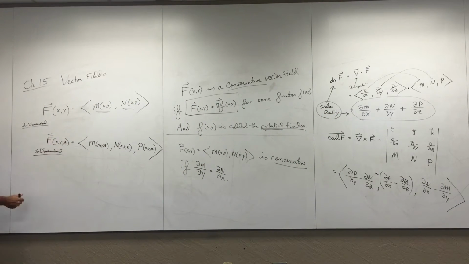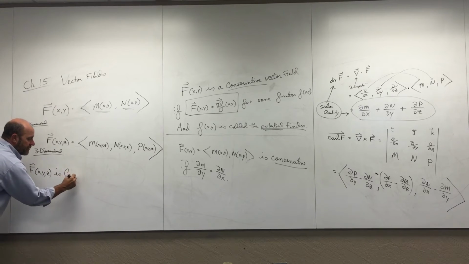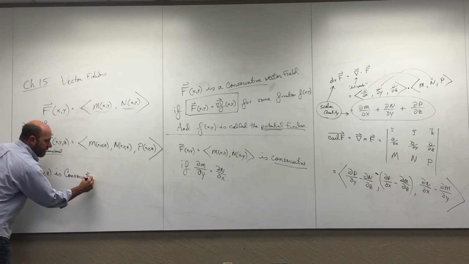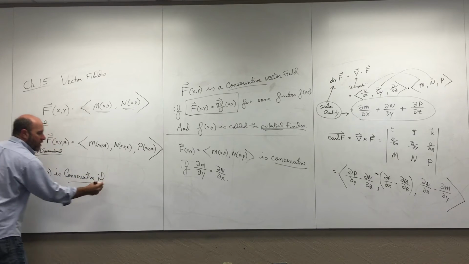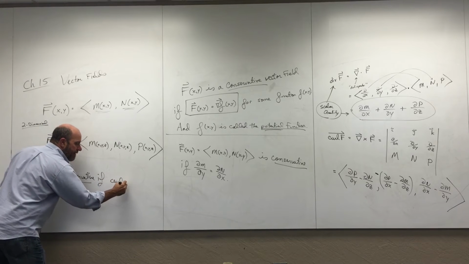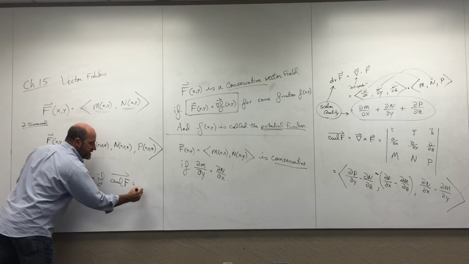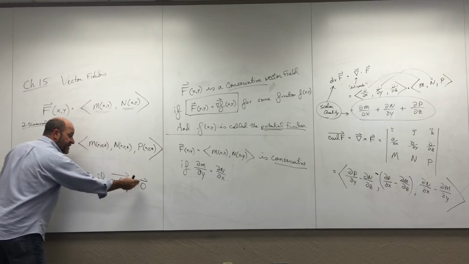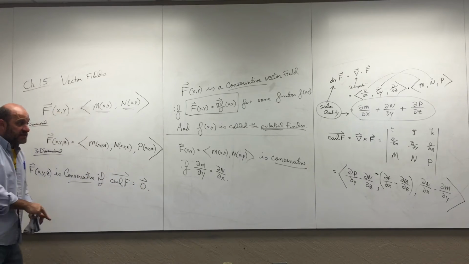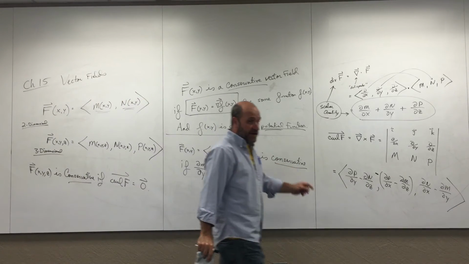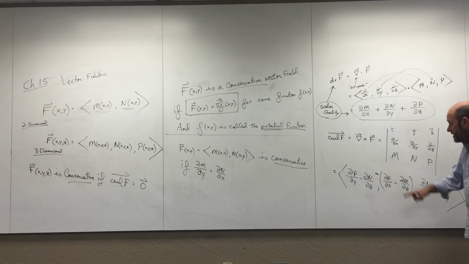For a 3D vector field, this thing is conservative if the curl of F is 0. And that's 0 the vector, which means you do this curl and you get 0, 0, 0.